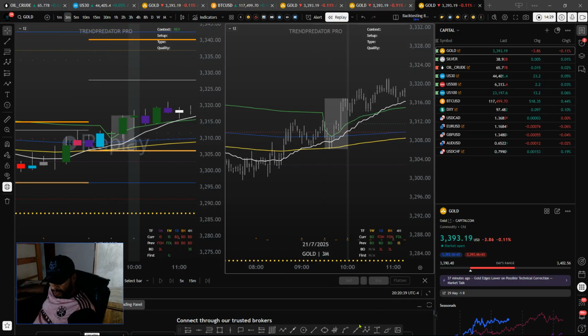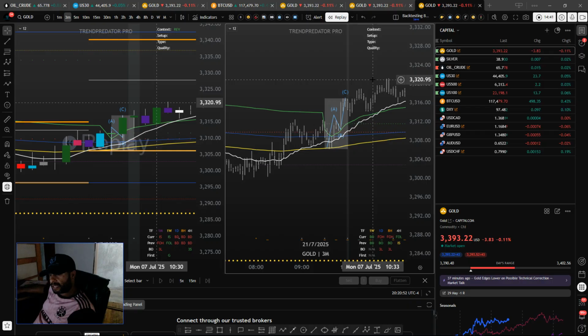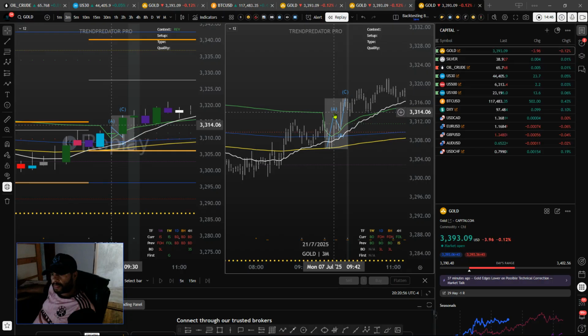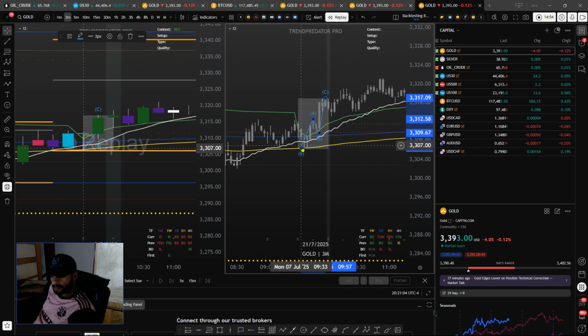So this here is just dumping down, looking like that. Just waiting for the breakout. So you've got the B leg at the VWAP, that's the key thing.